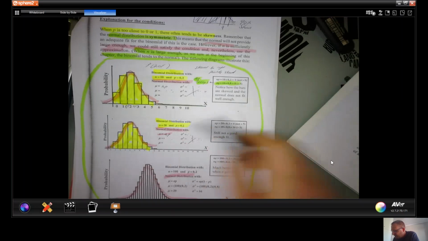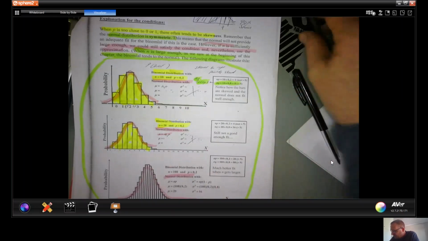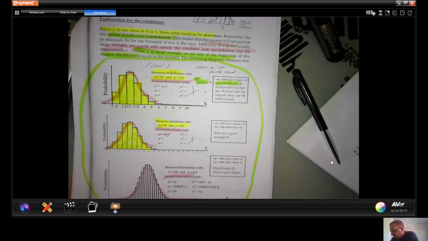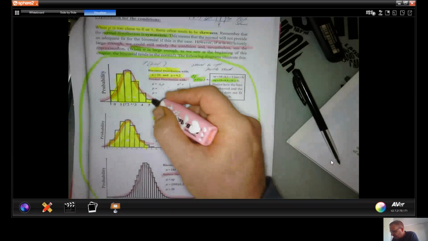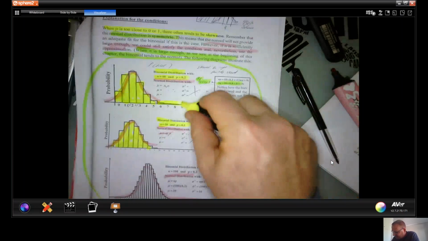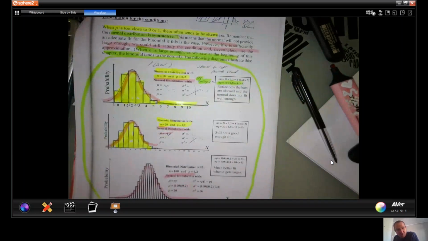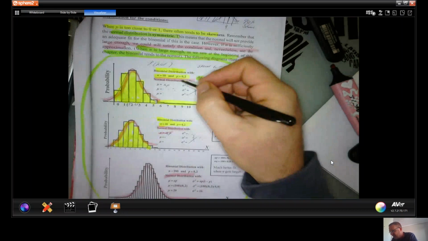If I try to put a normal curve onto this, it doesn't really work because you've missed out this whole tail of the original binomial distribution. It doesn't look like a normal distribution, so we're not going to be able to use a normal distribution to approximate the binomial distribution. But we could use our test. So say you've got this over here.